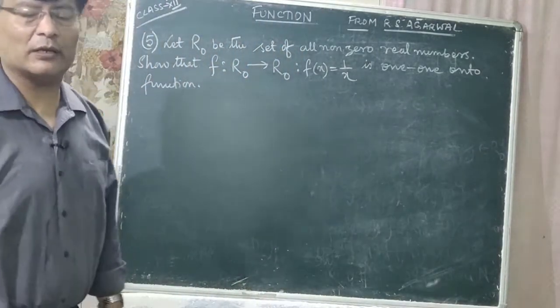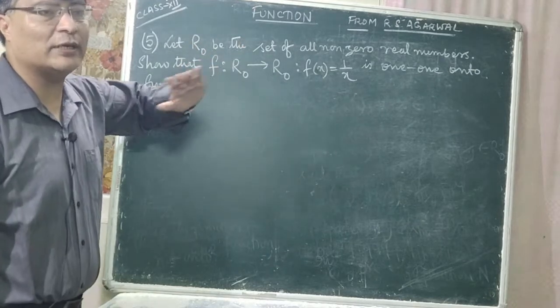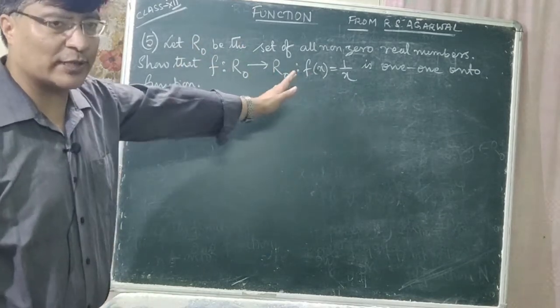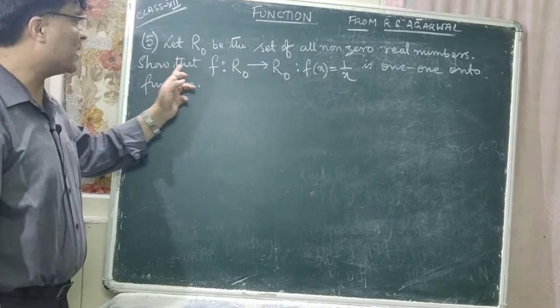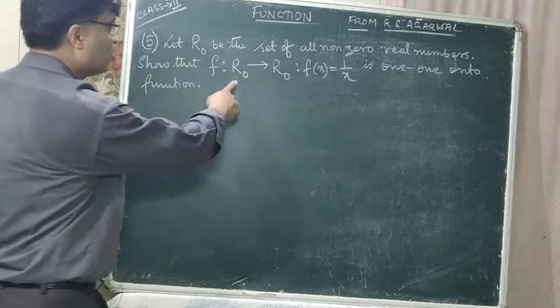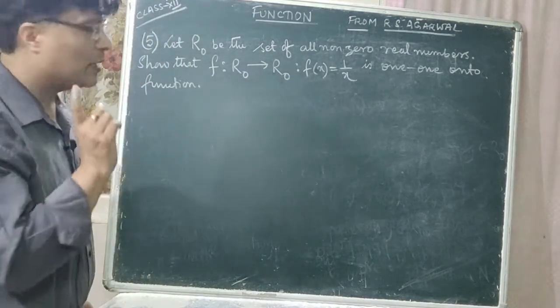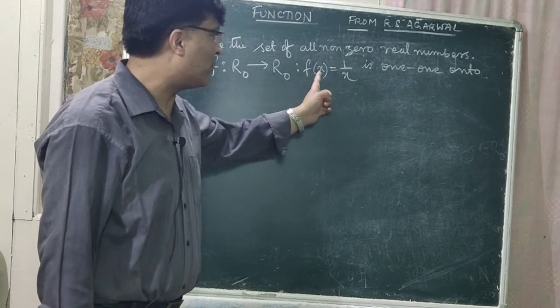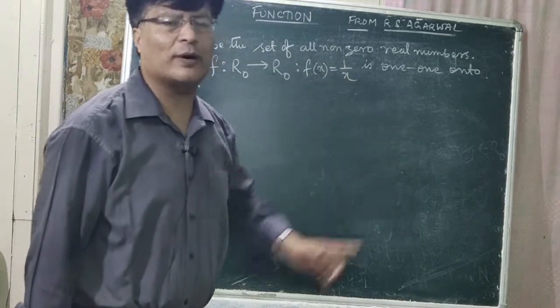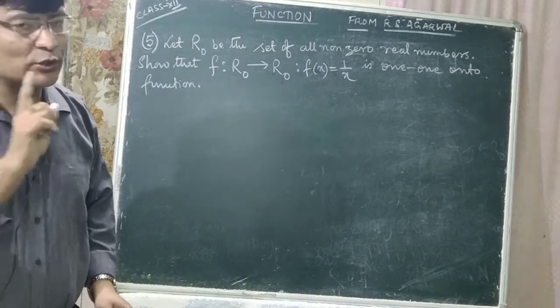Non-zero real numbers means 0 is excluded here. Such that R0 to R0, this first R0 is known as the domain and this second R0 is known as the codomain, and the function is defined as f of x is equal to 1 upon x. It is a 1 1 onto function.